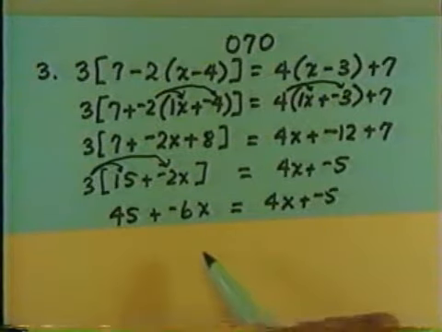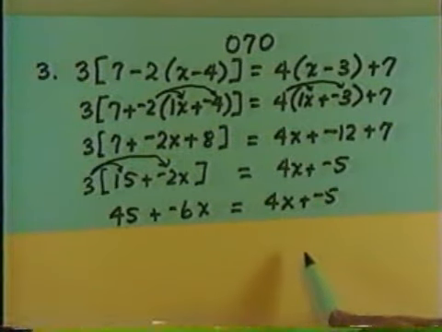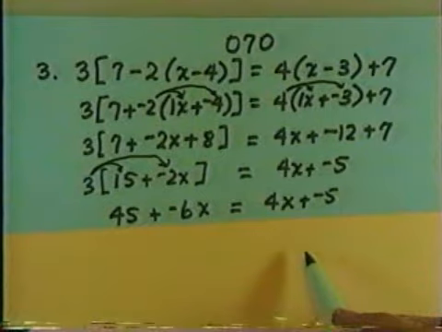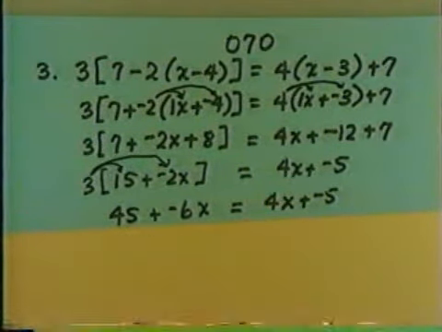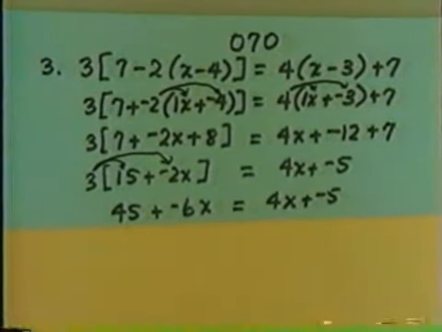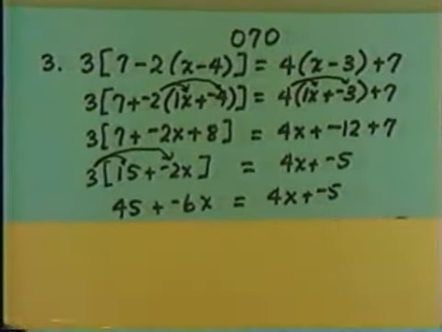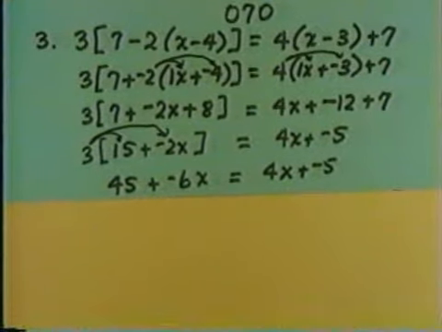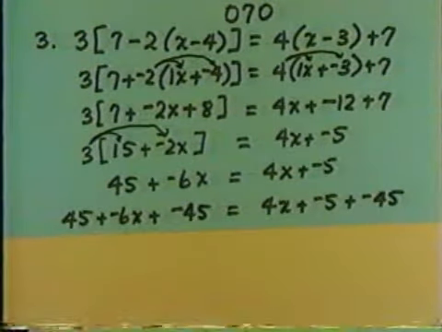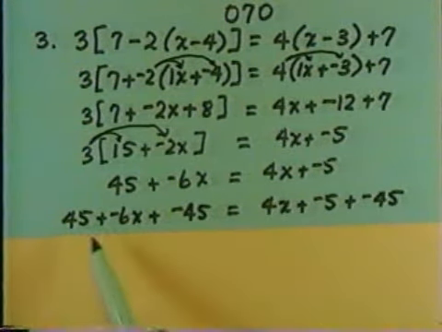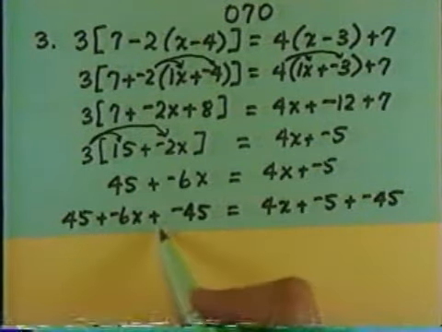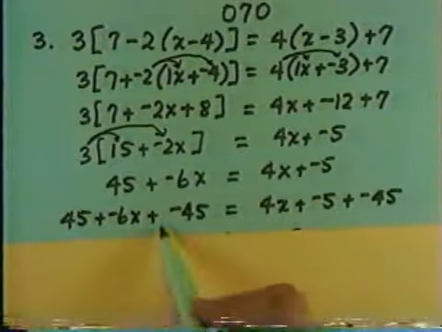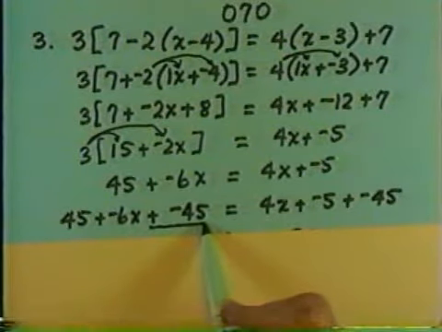And that means that we are ready to begin using the addition property and the multiplication property. Let's begin by eliminating the constant term on the left-hand side. Constant term on the left-hand side is 45, so we'll add negative 45 to both sides of the equation. Notice that we copy 45 plus negative 6x, then add negative 45.